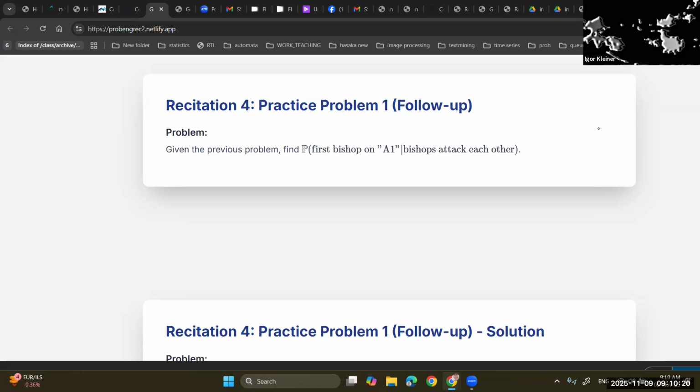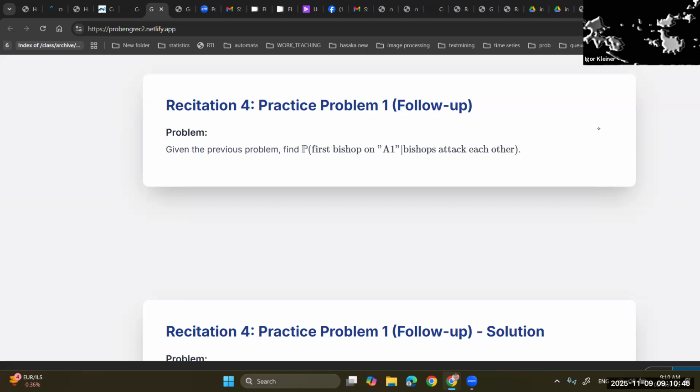What is the probability of A? The probability that two bishops attack each other. We calculated it in the previous part. I don't remember exactly, it was 5 divided by 36, something like that. Okay, we found it.